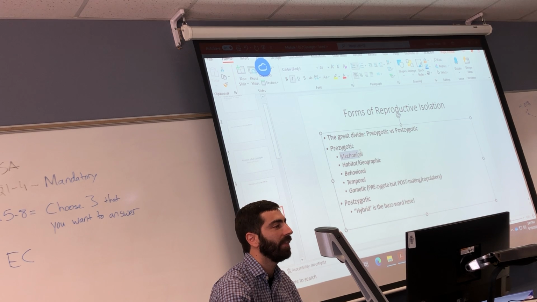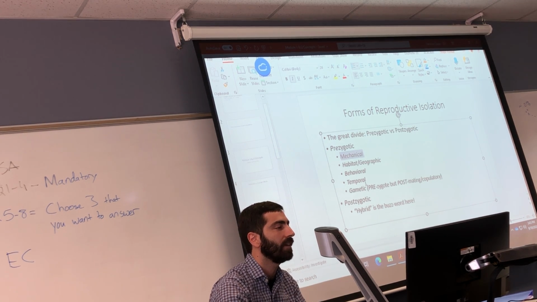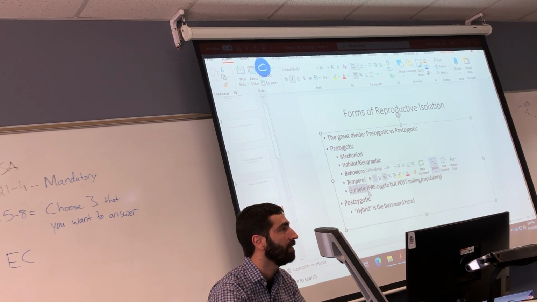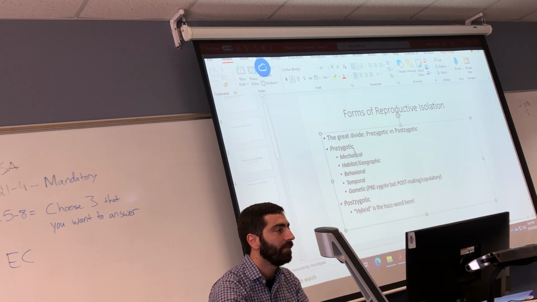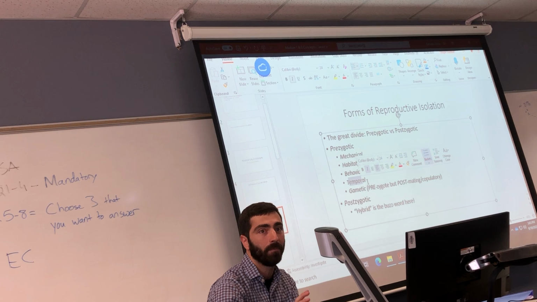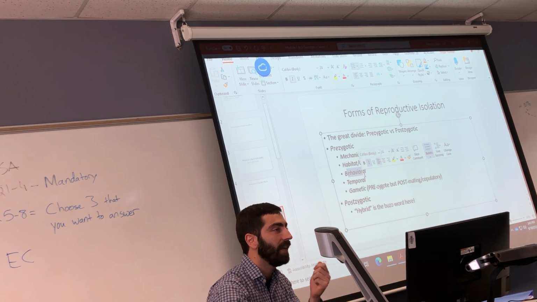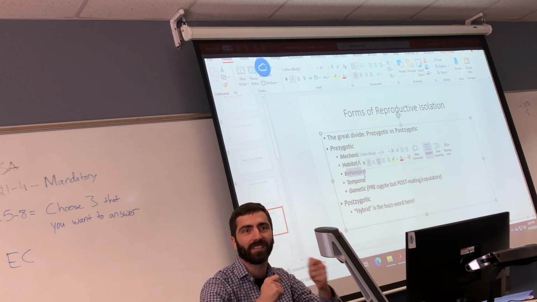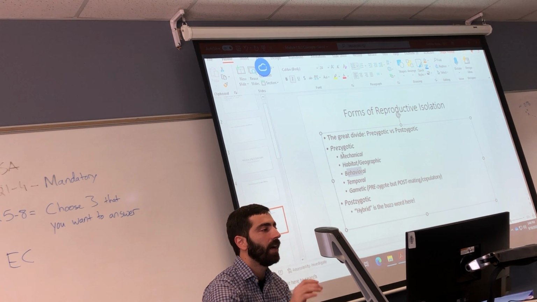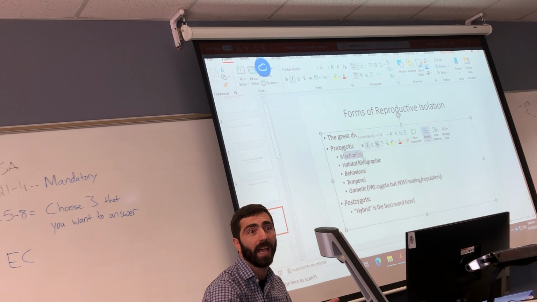Now, the two that we're getting closer to, pre-zygotic barriers at this zygotic divide, are mechanical and gametic. So sometimes they're in the right place, habitat, in the right time, temporal. The female even accepts the mate, but maybe their machinery isn't in line. Maybe the male even inseminates the female, but the semen never fertilizes the egg.